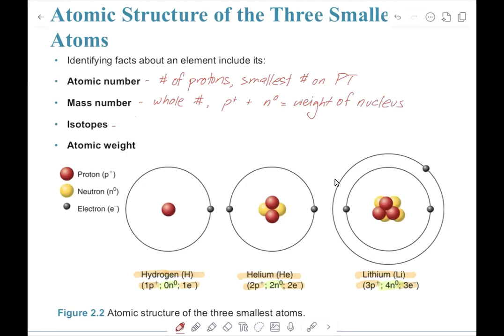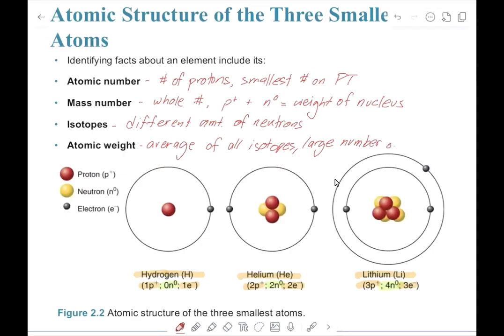An isotope has a different amount of neutrons, and the atomic weight is the average of all isotopes. So it's the large number on the periodic table.